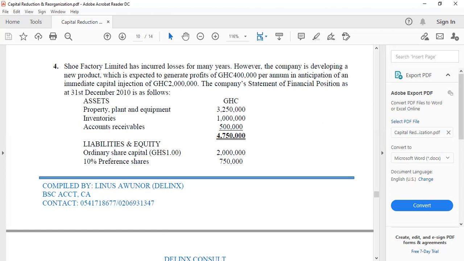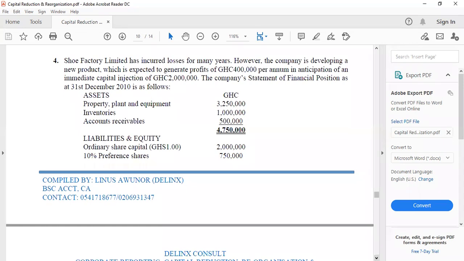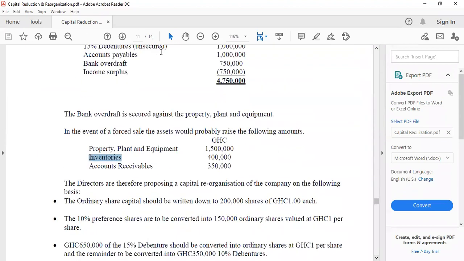Okay. These 2 million, they are going to pay by cash or bank, isn't it? So the capital injection means that we are going to issue additional shares and they are going to pay for it, which is 2 million. So we are going to receive cash of 2 million into our bank account. But already we are owing the bank how much?